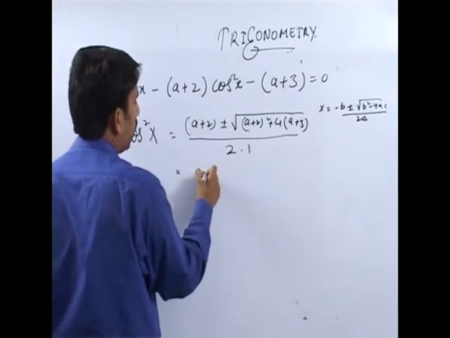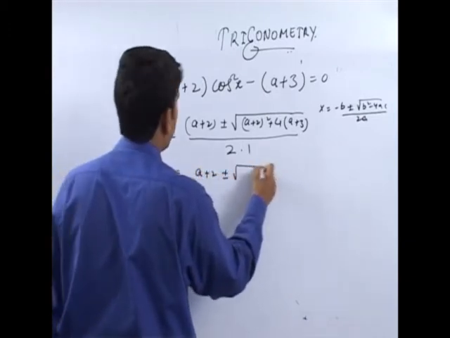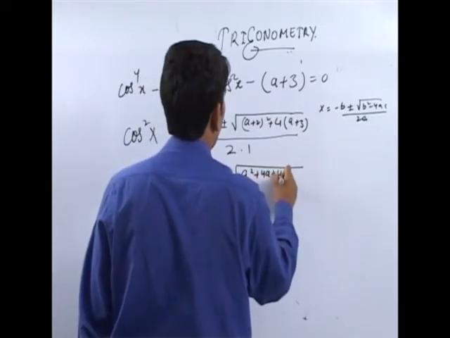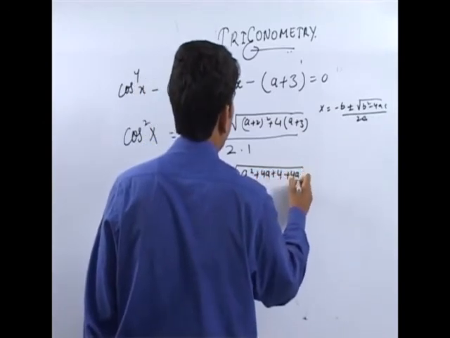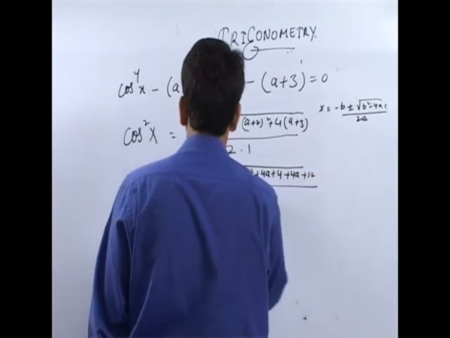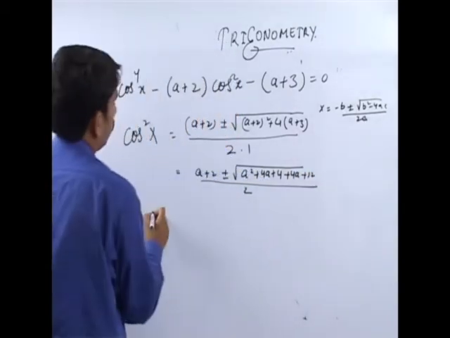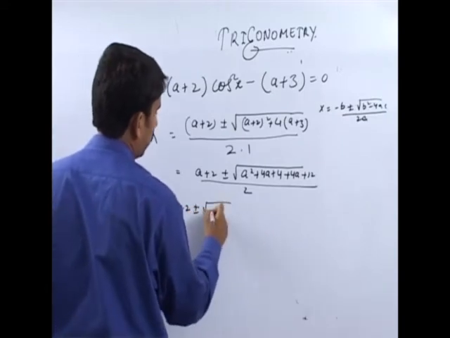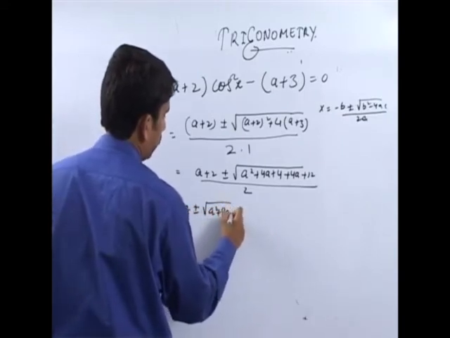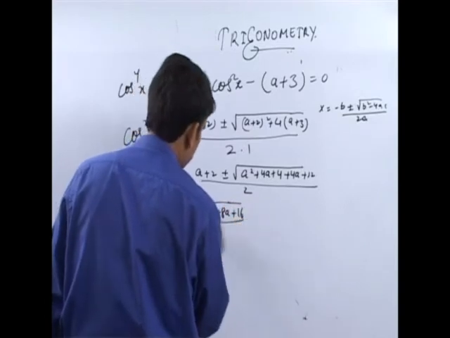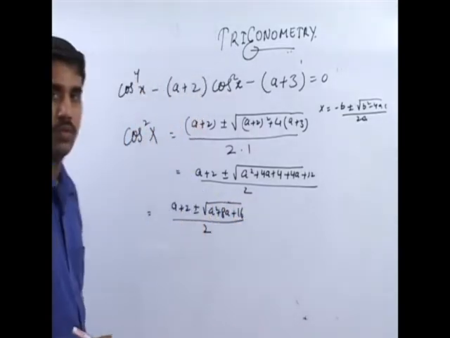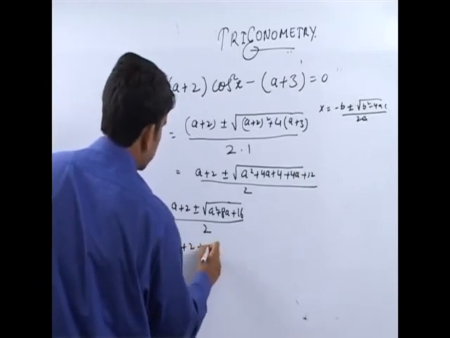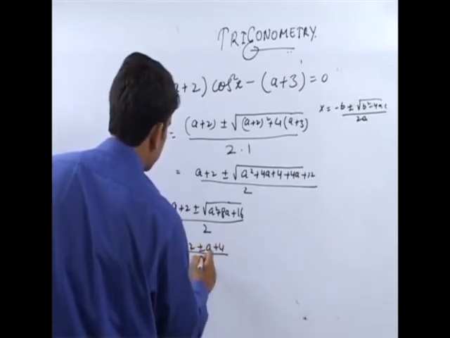Now this will be equal to a plus 2. When you simplify this, you will get a square plus 4a plus 4 plus 4a plus 12, whole over 2. Now this will be equal to a plus 2 plus minus under the root of a square plus 8a plus 16, whole divided by 2. And this is equal to a plus 2 plus minus (a plus 4), whole over 2.